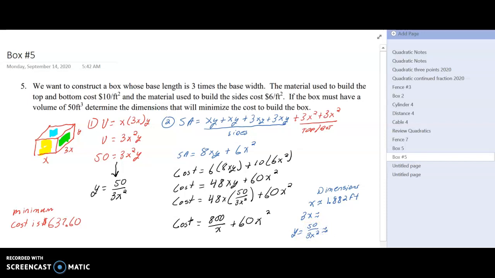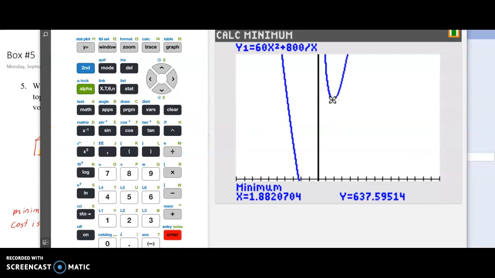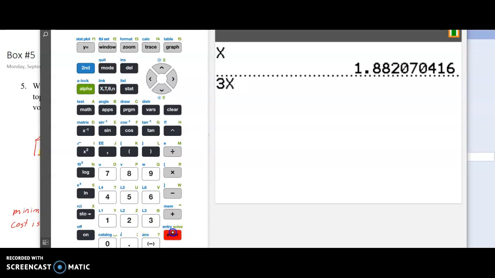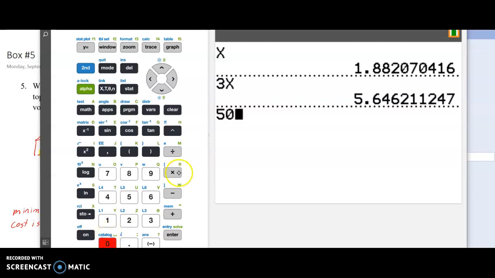Now, if this was the last thing you did, the calculator will remember the value of x. Just to convince you of that, I'll hit x there. So we need a 3x. So the other dimension is 5.646 feet. We also needed 50 divided by, make sure you put parentheses here, I believe it was 3x squared.